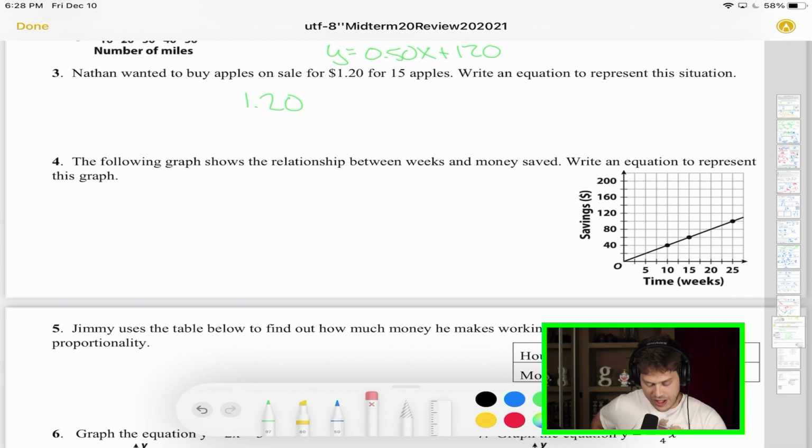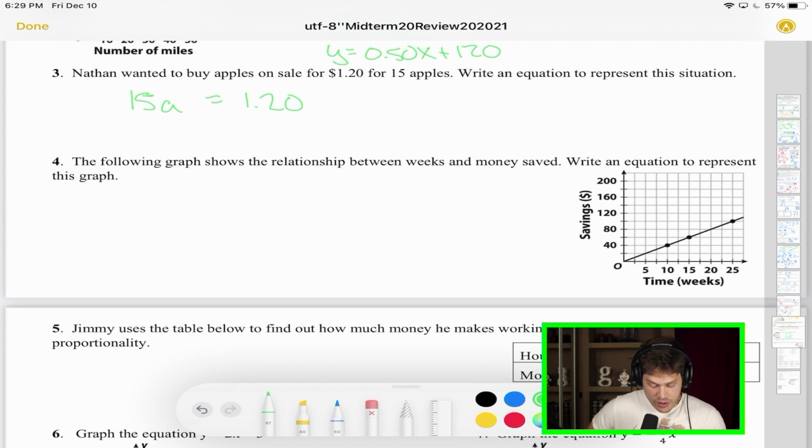I'm kind of confused about this one, guys. Maybe we can say this: 15 times the cost of the apples equals $1.20. 15 apples times the cost of one apple equals $1.20.